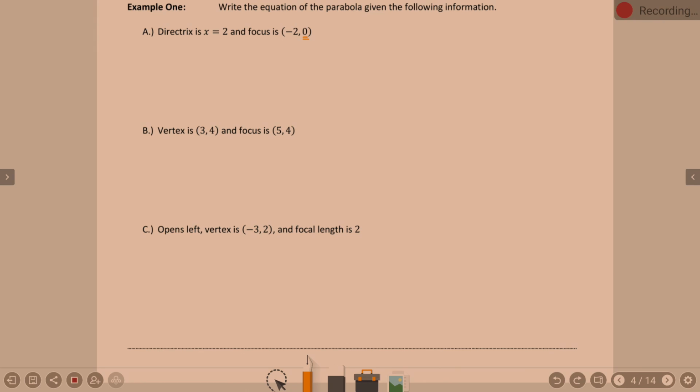If I see a 0 within my focus, that gives me a clue as to which chart I need to go to. Are we going to use parabolas with vertex 0, 0, or parabolas with vertex h, k? And what I would look at here is, focus is negative 2, 0.